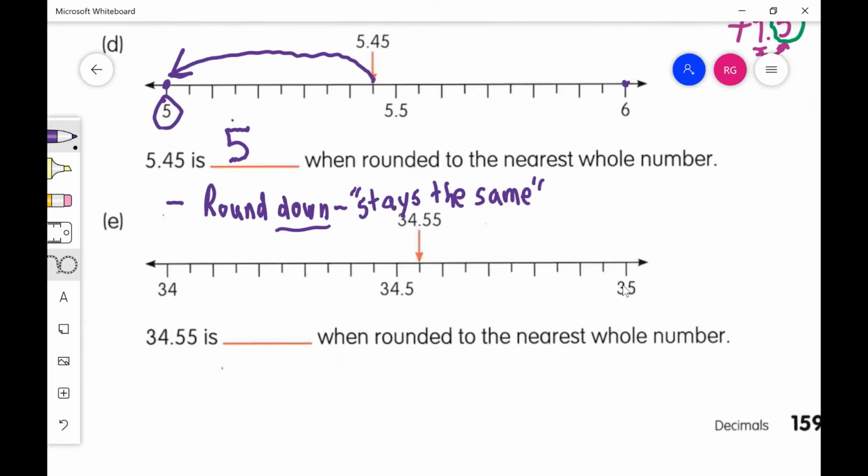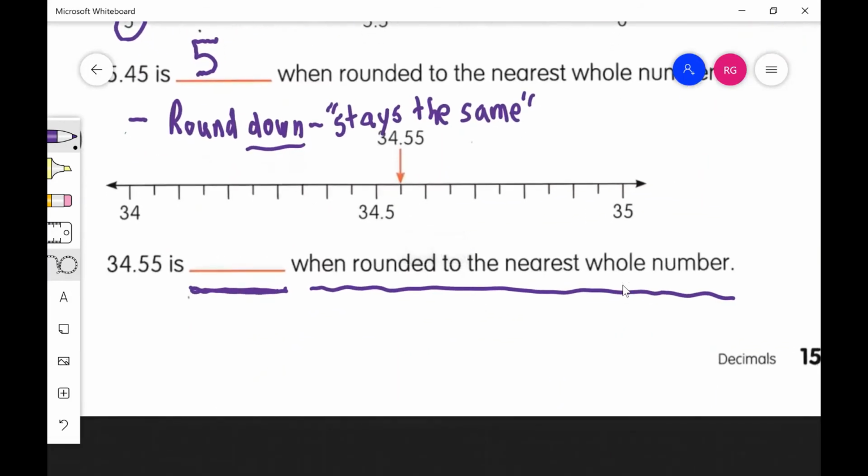Okay, let's look at this last one here. Who wants to read for us? Anyone want to volunteer to read? 34.55 is blank when rounded to the nearest whole number. All right, perfect. Now I'm rounding to the nearest whole number in this case.